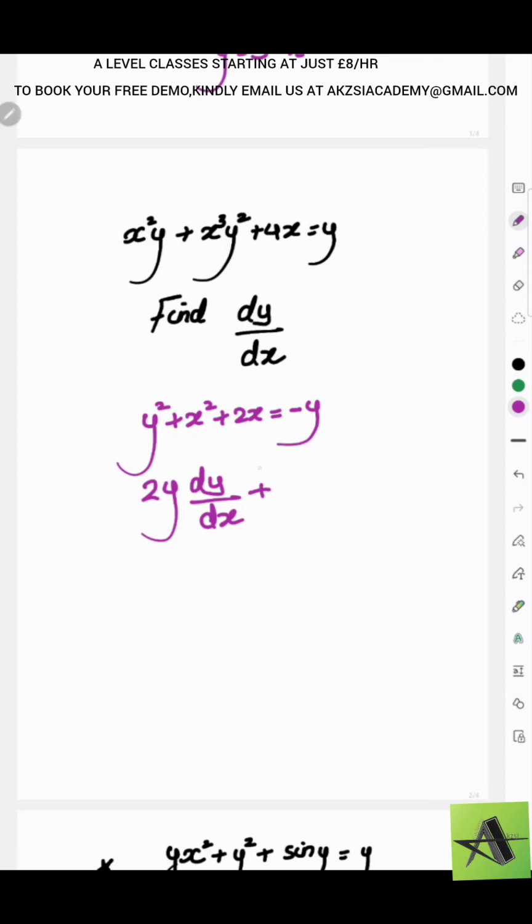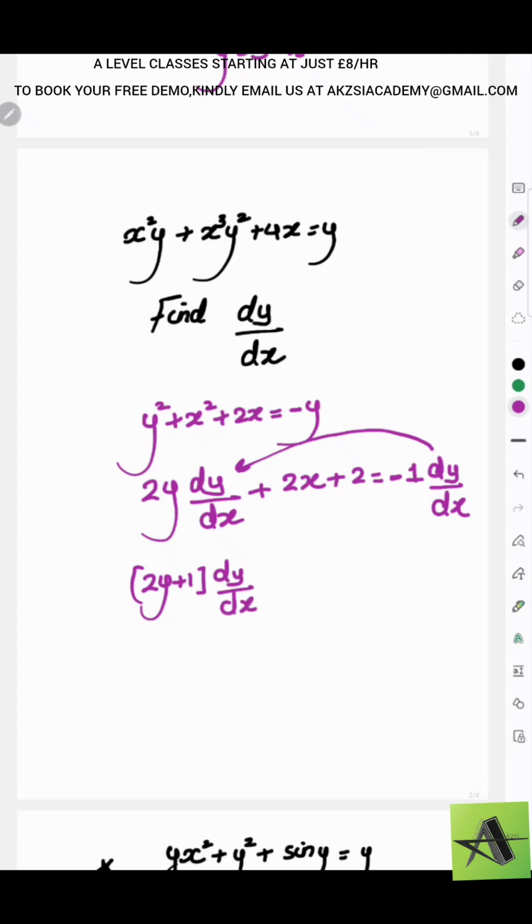Then differentiating 2x gives 2, and differentiating negative y gives negative 1, but again since I'm differentiating y, I write dy over dx. Now bring all the dy over dx terms on one side and the other terms on the other side. This becomes 2y plus 1 times dy over dx, taking dy over dx out as common, equals negative 2x minus 2 on the right hand side.